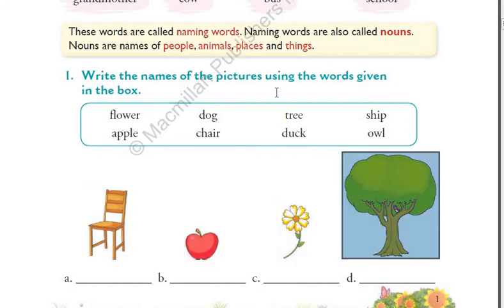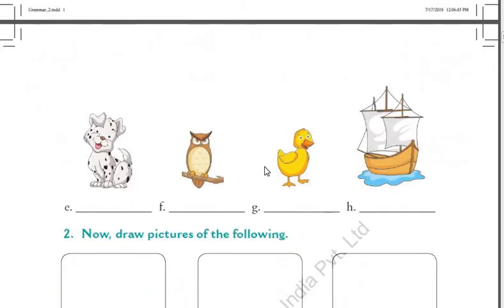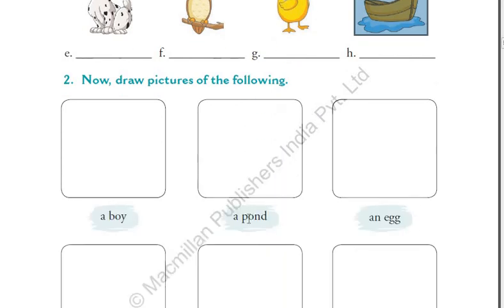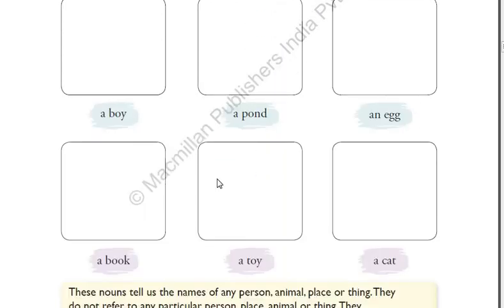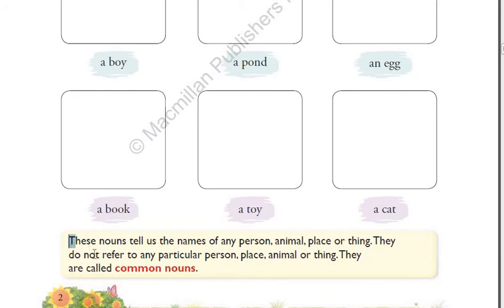You had to choose the word from the box. The exercise continued. You again have to tag the pictures, an owl, duck. Yes, we solved it very well, and then we went on to the definition of common nouns.